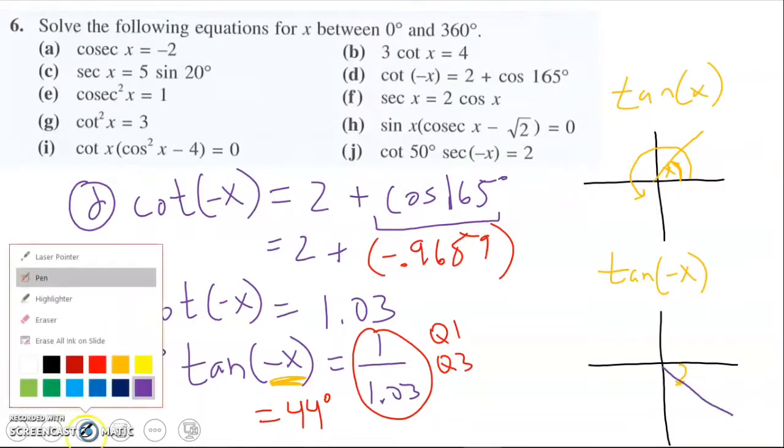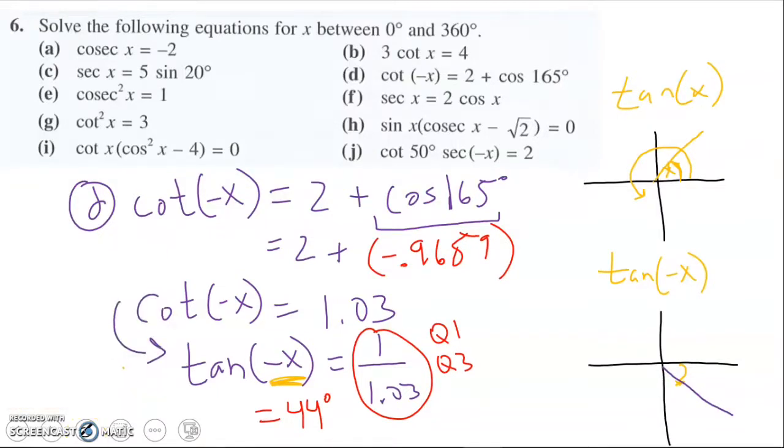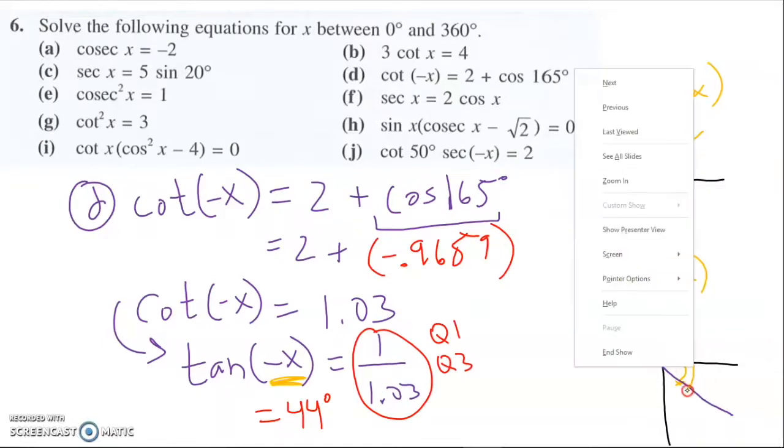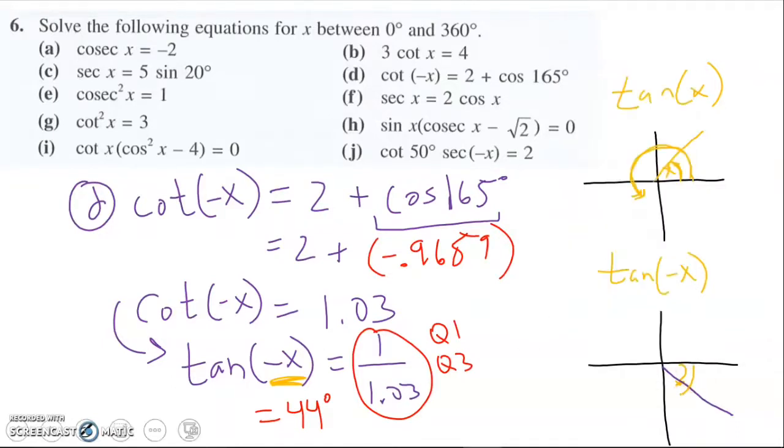And again, the other angle, it's going to go in the opposite direction. Notice this went to Q3. I have to go in the opposite direction now, where it'll go in the same value, just in the opposite direction.